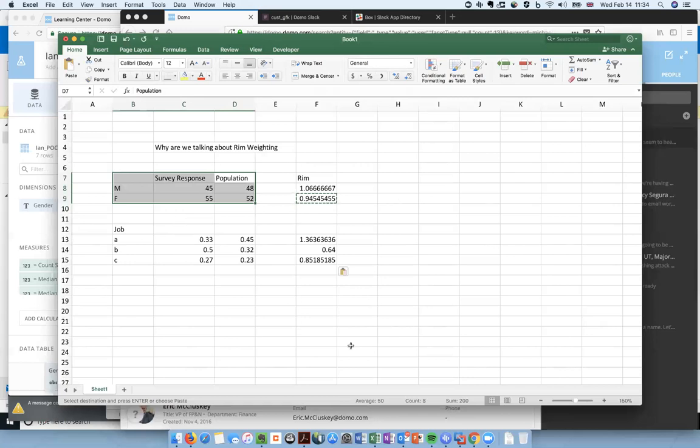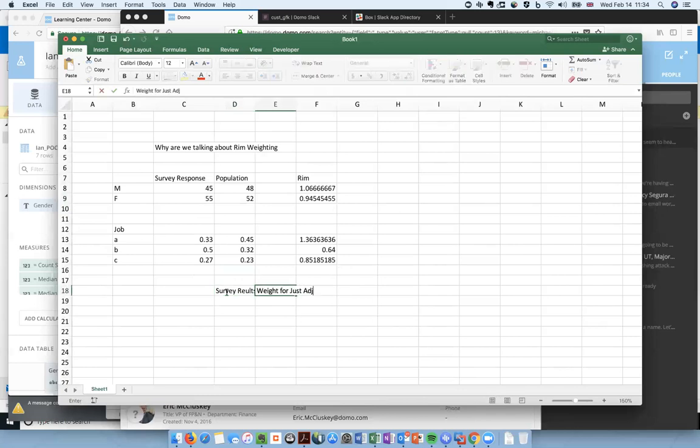And basically, in the survey results, we had a weight column for just adjusting gender, and then another column for weight to adjust gender and job. Then you would have another column for just job, and another for job and gender, and so on. But this bit here would require some non-trivial R scripting.